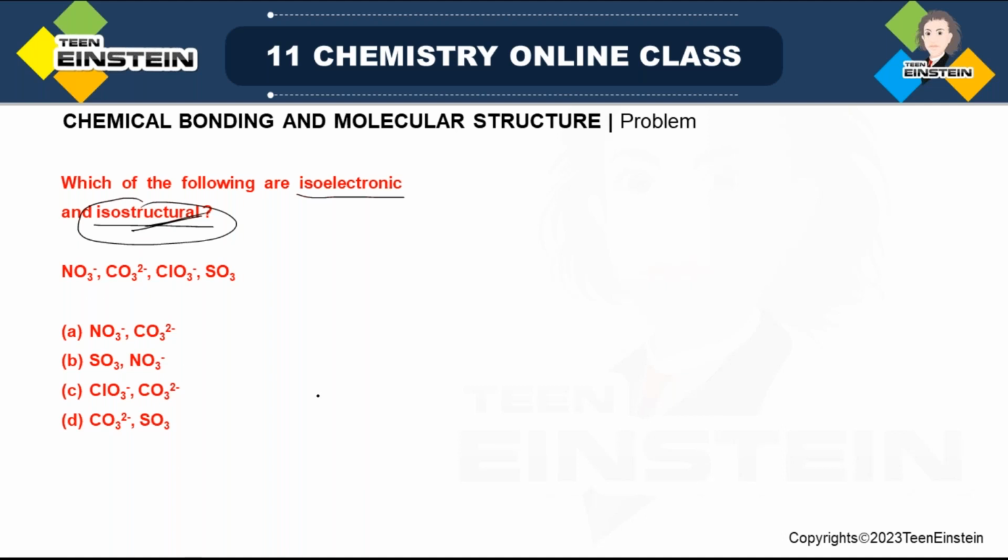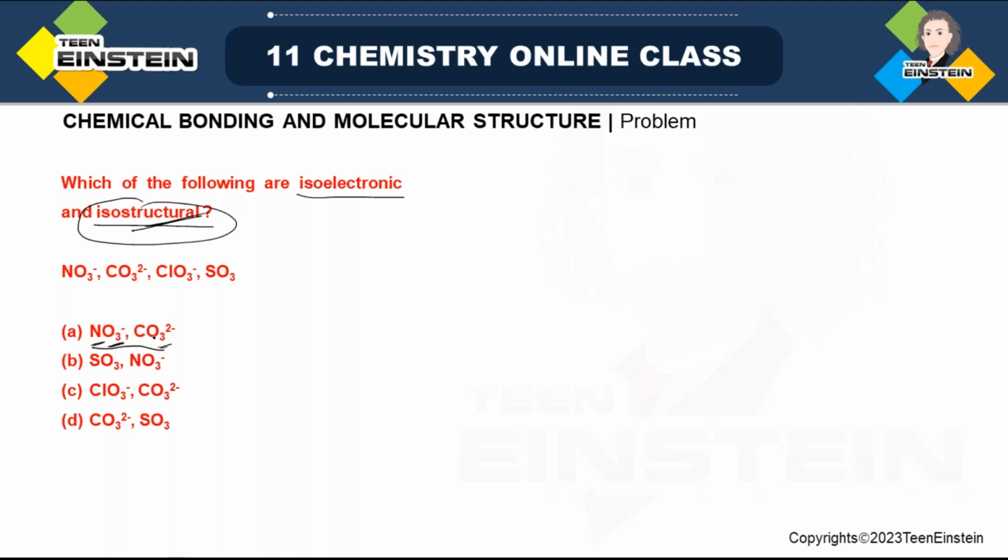So here we have NO3 and CO3, that is nitrate ion and carbonate ion first. When we solve any MCQ type of question in the exam, it is always better if you can solve it as fast as possible. So I say don't do the detailed calculation, because in both species there are 3 oxygen atoms, so obviously the number of electrons that you are getting from oxygen will be the same, right?